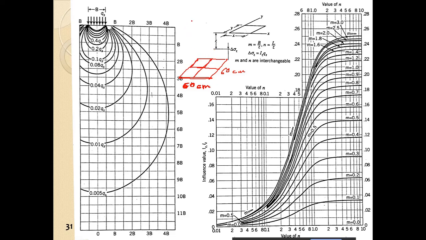So this part, if we consider, it is 0.3 by 0.3, and obviously now we have to find out what is the stress at the center. That is at a depth of 0.3, because we will consider this entire length, that is 60 centimeter, for analyzing the strain.